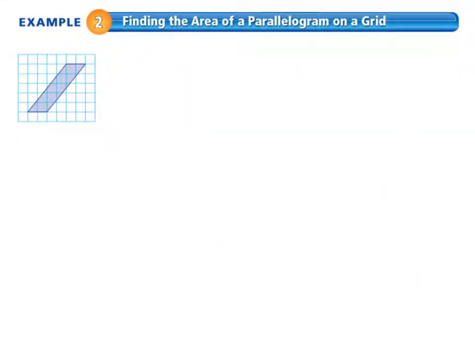Another way you're going to be asked to find the area is just from a grid like this where they don't tell you the units. So if we look on this grid, we can actually just count the squares, and to find the base, I'm going to look right here, and I can see that this is actually 2 units for my base. So I write my formula, A equals B times H, and my base is 2 units, and then I can count my height.